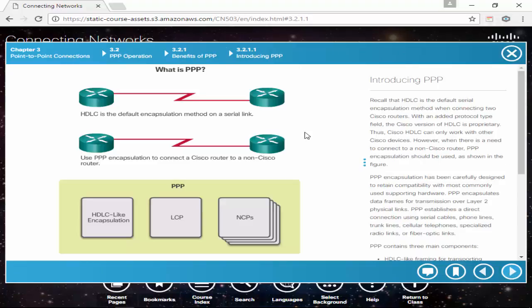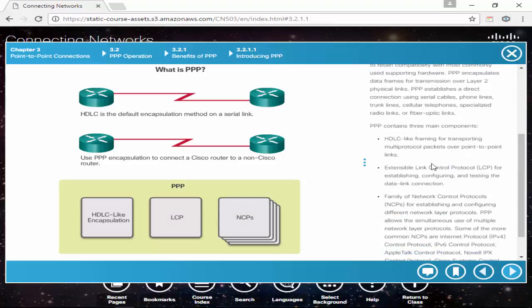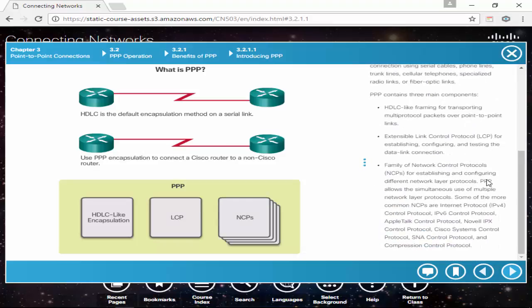So now we have PPP. PPP contains three main components. HDLC-like framing for transporting multi-protocol packets over point-to-point links. It has extendable link control, LCP, for establishing, configuring, and testing the data link connection. These two things are probably the major reasons we like PPP.